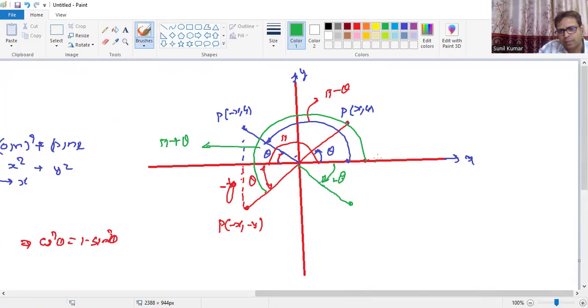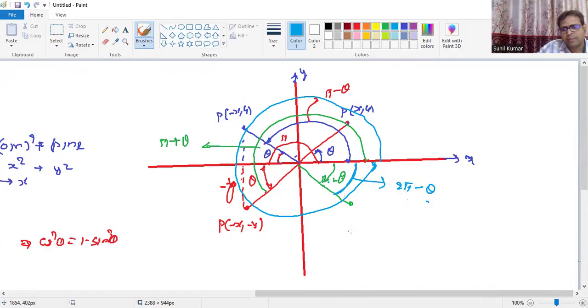Suppose from here to here we have 2 pi, which is 360, and we want to find this angle. So this angle is 2 pi minus theta, or minus theta also we can say.